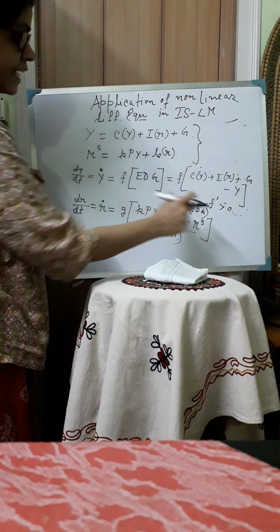Now what is Kp? K is a constant, P is the price level. So this numerator is greater than 0, it is positive.